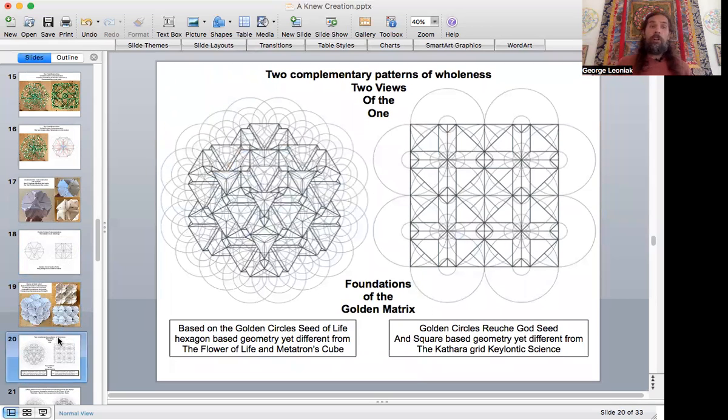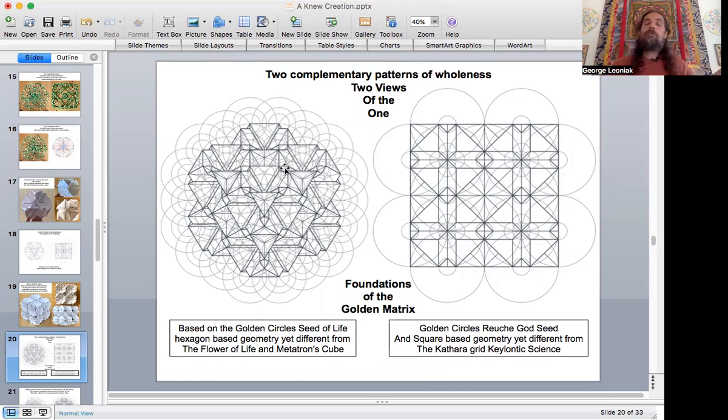Here are the drawings of that from two perspectives. And for this, I just drew this in the golden circle way back to the beginning, the first slides in this, when I was showing the two patterns of this, and I took out some of the circles on this one.